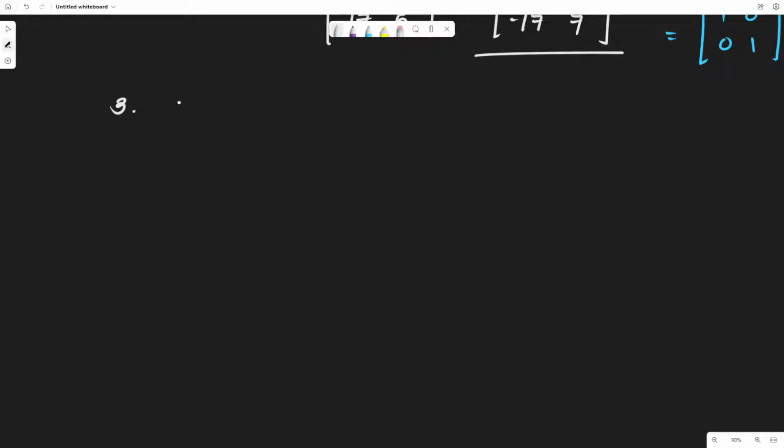So we have here matrix B, which is equal to 8, 6, 5, 4. Again, what we are asked to find is the inverse.